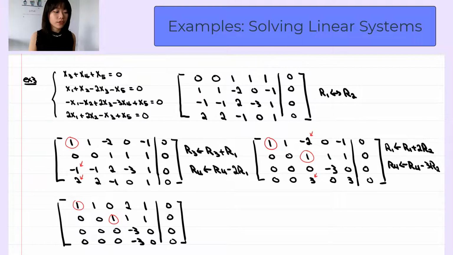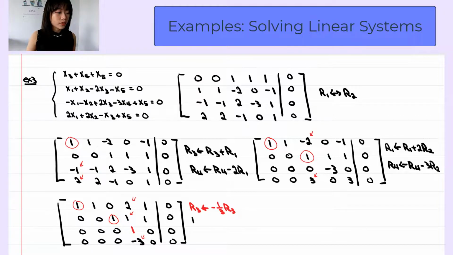Let's move on to the third pivot. So we want to make this negative 3 into 1. And I need to eliminate the 2, the 1, and the negative 3. So the first step, I can replace row 3 by negative 1/3 times row 3. Then this negative 3 will become 1.